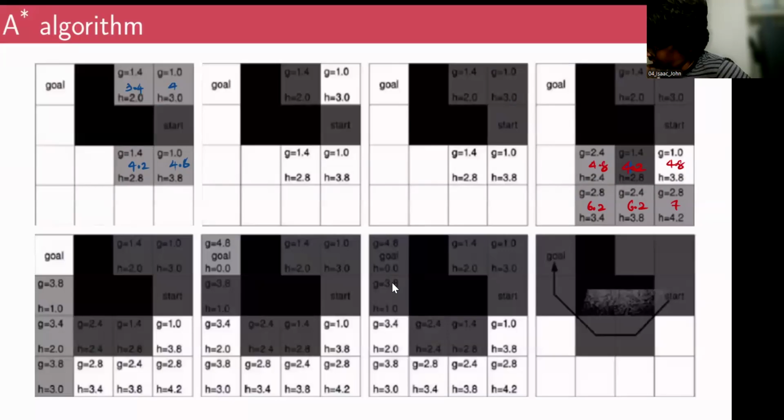Right? Then which node should we explore? We'll try to explore the nodes that have the least cost. So it's either this or this, right? Both of them have equally low cost. So we could explore this, but all the neighboring nodes of this one have already been explored, right? This is explored, this is explored, this is explored, this is explored.